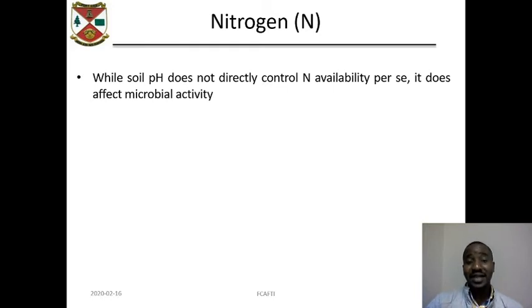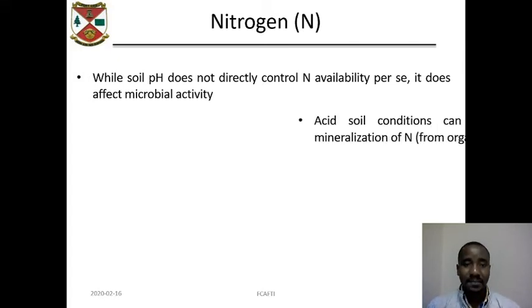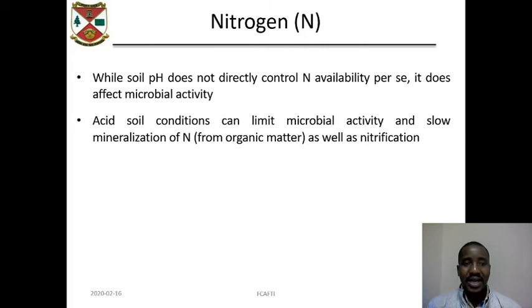Microbial activity affects nitrogen availability, and microbial activity is being affected by soil pH. In acid soil, for example, conditions limit microbial activity and slow mineralization of nitrogen, as well as nitrification.